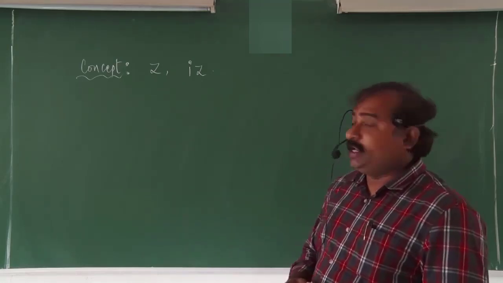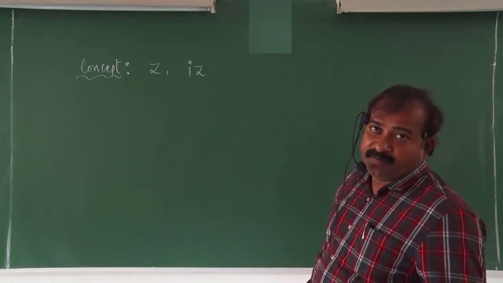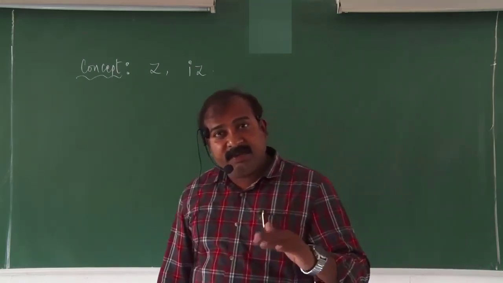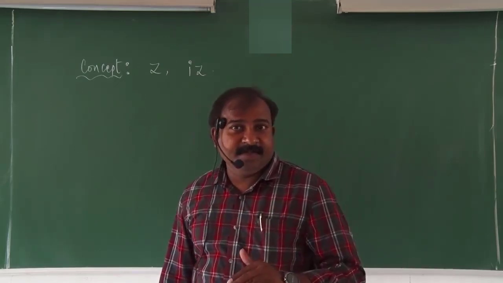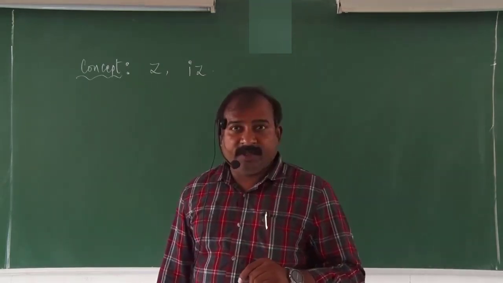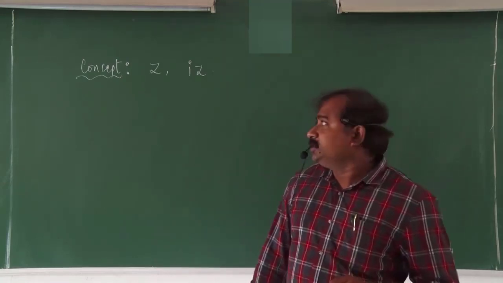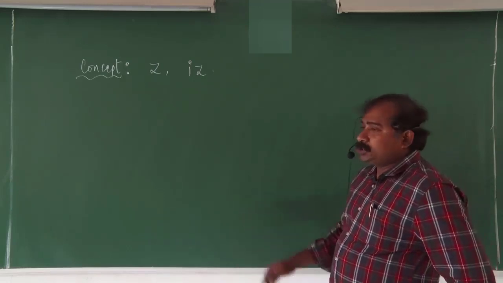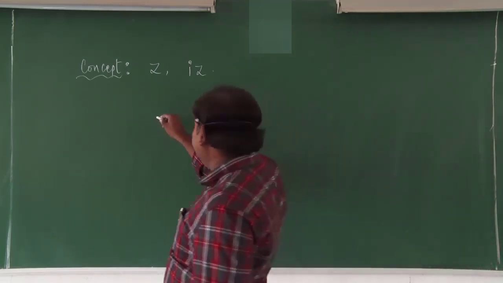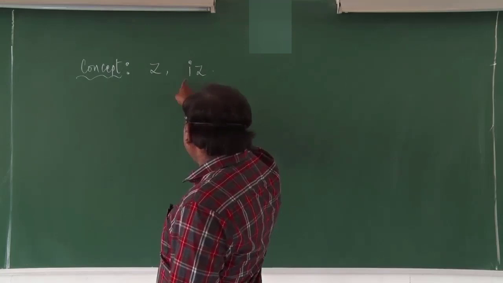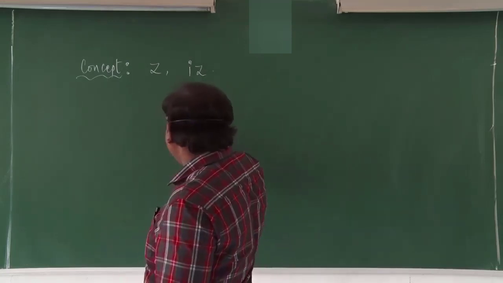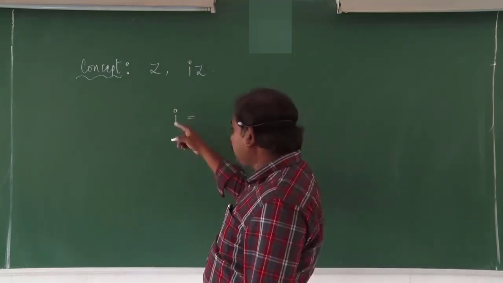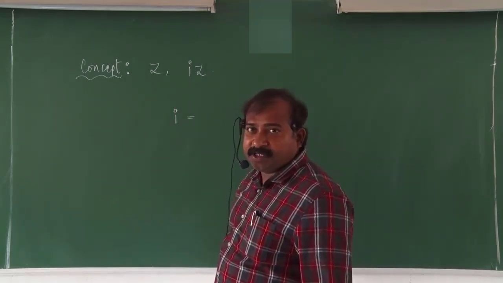Once again, listen. z is one complex number. iz is one complex number. What is the relation between z and iz? Now I will explain the z and iz relation. You are multiplying z with i, and how can I write the i value? This is one complex number, and I can represent it in polar form.